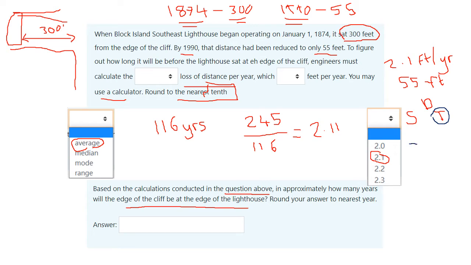So the distance is 55 feet and the speed is 2.1 feet per year. 55 divided by 2.1 gives an answer of 26.190. And we need to go to the nearest year. So we can forget about the 0.190. It's lower than a half, so we go under, not over. And so the correct answer is 26.